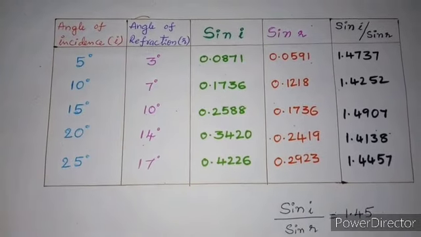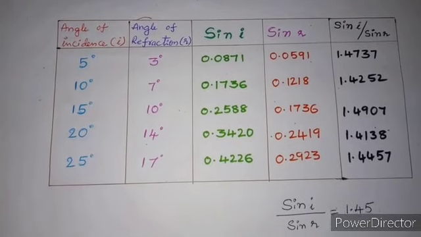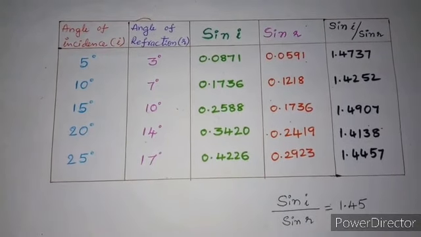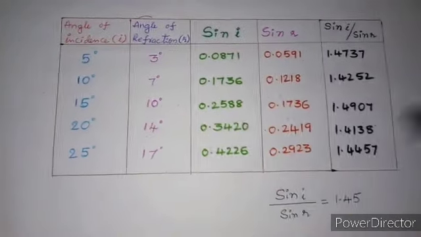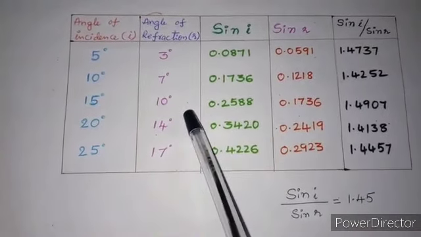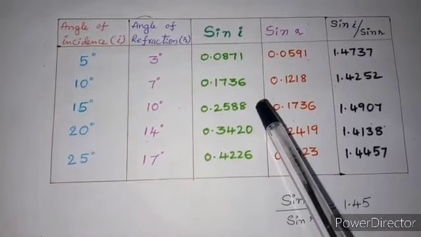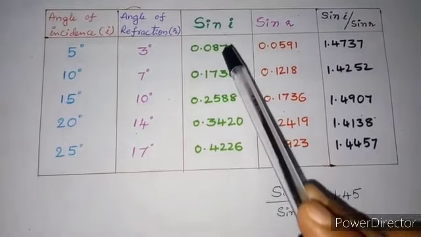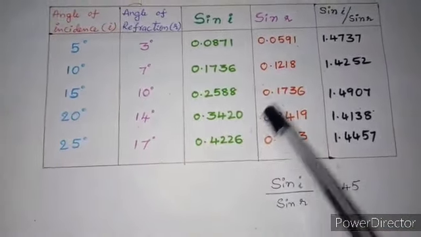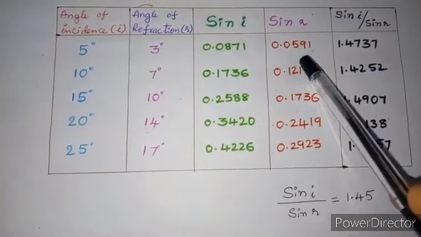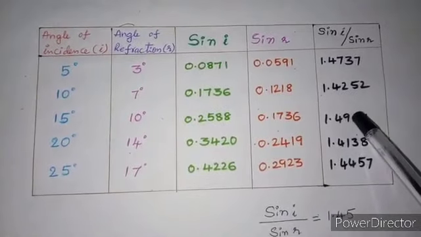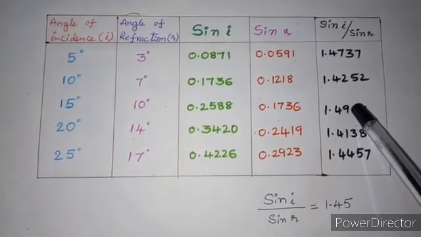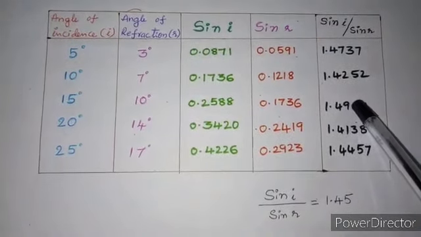In this table, we have tabulated the different angle of incidence values and the corresponding angle of refraction values. We also calculated the sin values of all angles of incidence and all angles of refraction. In the last column, we have calculated the ratio between sin i and sin r.